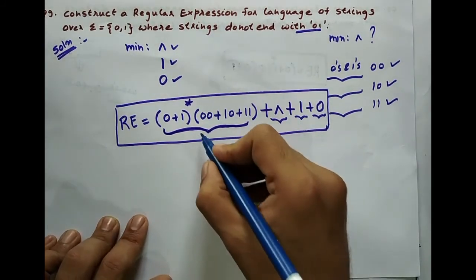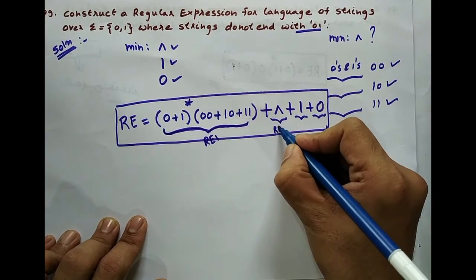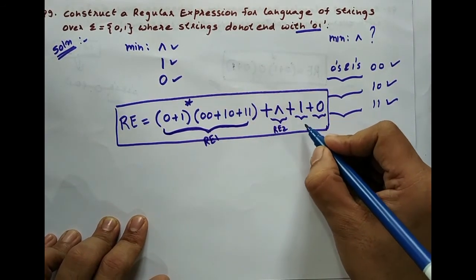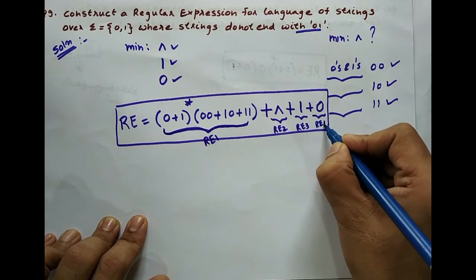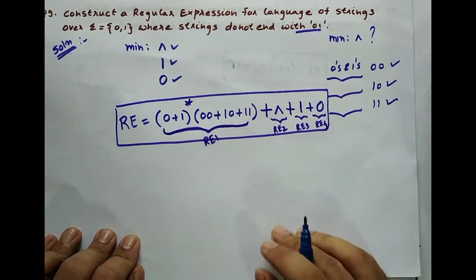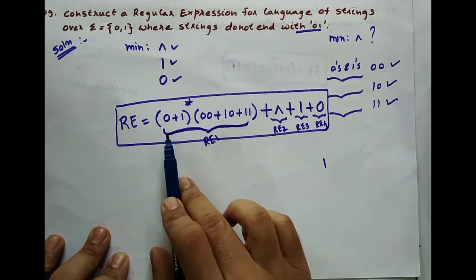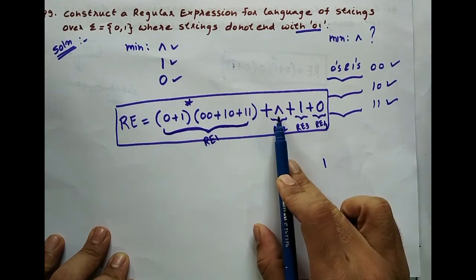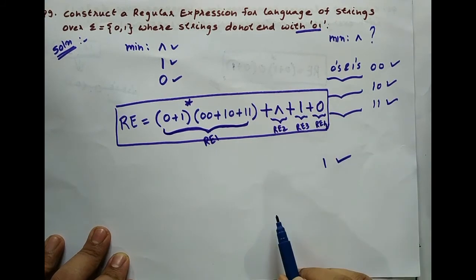So either this regular expression, I will call it RE1, will work, or regular expression 2 will work, or regular expression 3 will work, or regular expression 4 will work. Any one of these. So if somebody gives you string 1, then it does not belong to this part, not this part. Yes, it belongs to this part. So 1 is accepted.